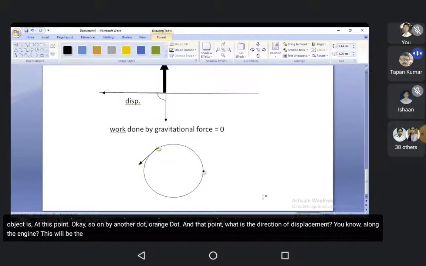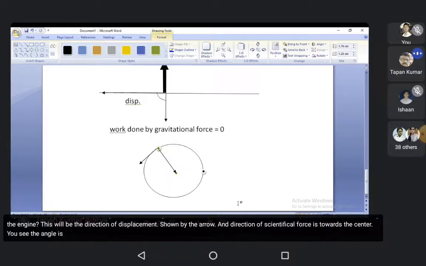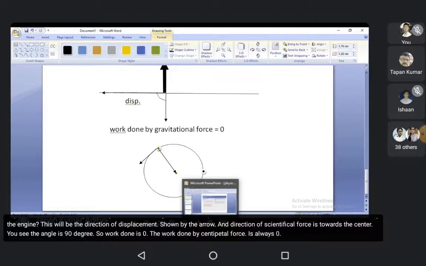This will be the direction of displacement shown by the arrow. And the direction of centripetal force is towards the center. You see the angle is 90 degrees. So work done is 0. The work done by centripetal force is always 0.